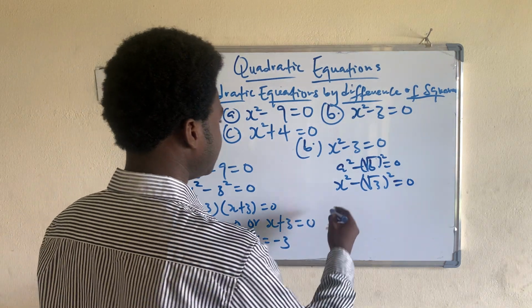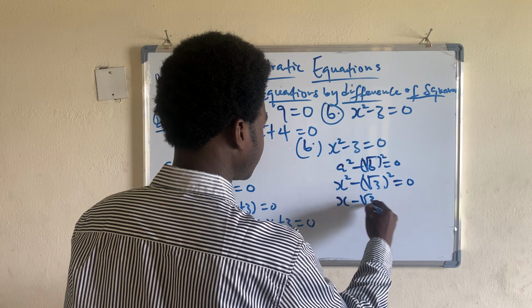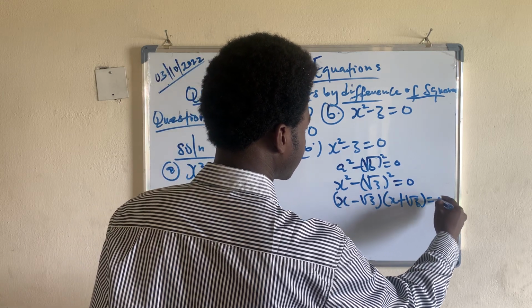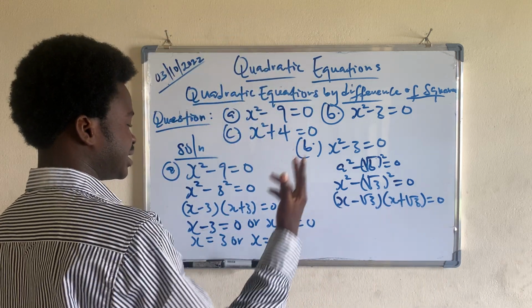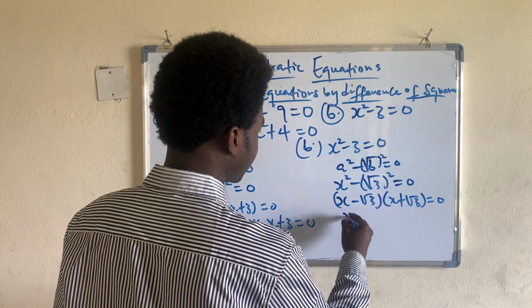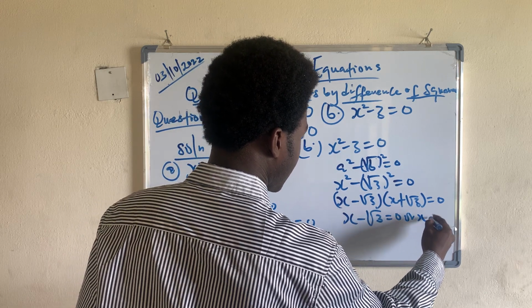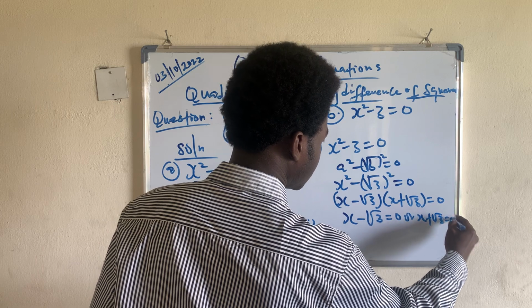And we know that simply means that we have x minus square root of 3, x plus square root of 3 equal to 0. So we can split that in two, so that we have x minus square root of 3 equal to 0, or x plus square root of 3 equal to 0.